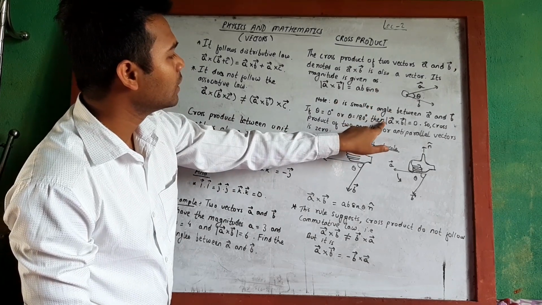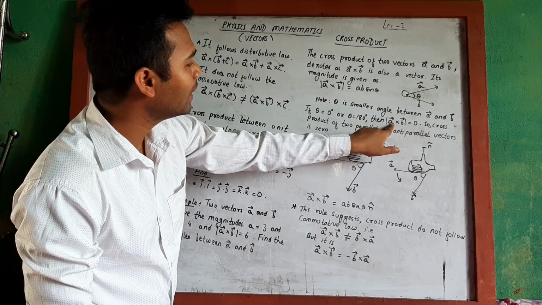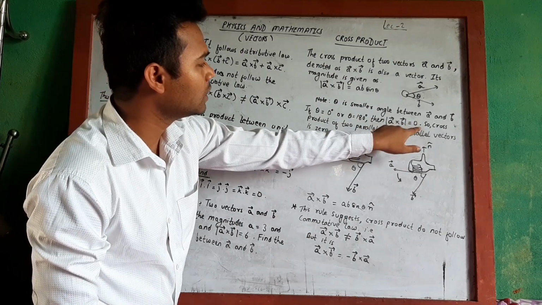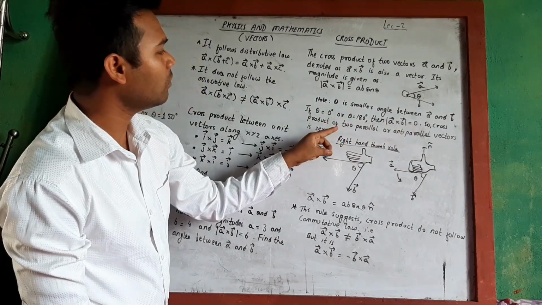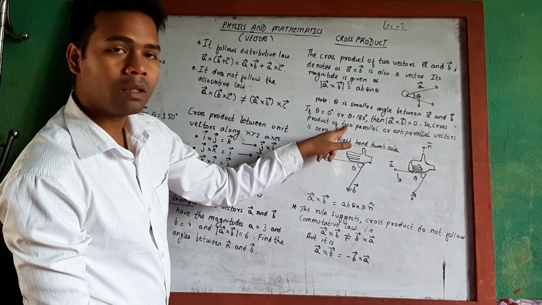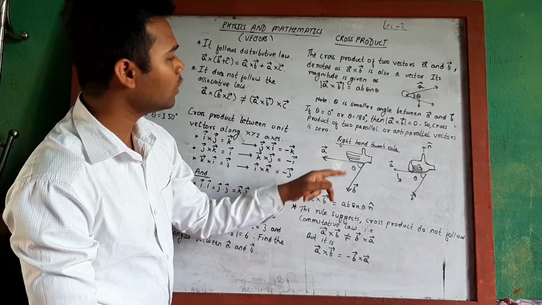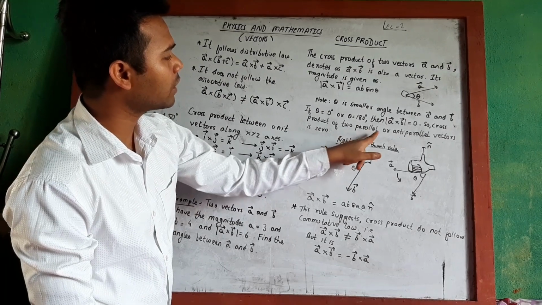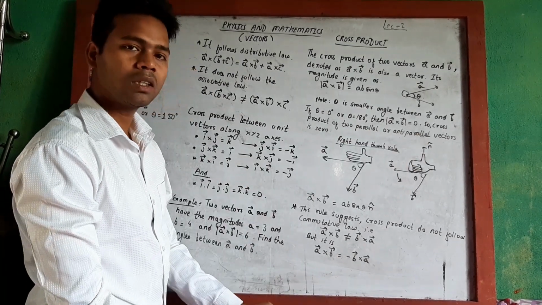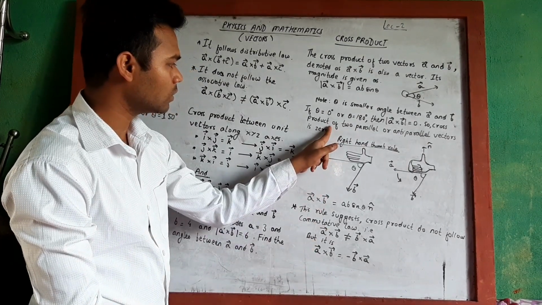That's why a vector cross b vector will be 0. That means whenever we want to obtain the cross product between two parallel or anti-parallel vectors, the cross product will be 0.